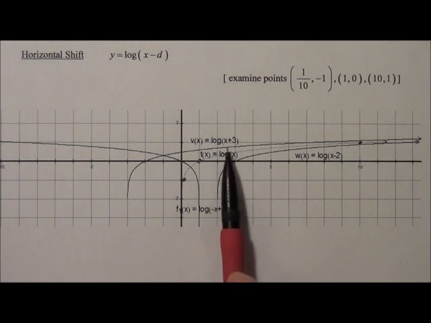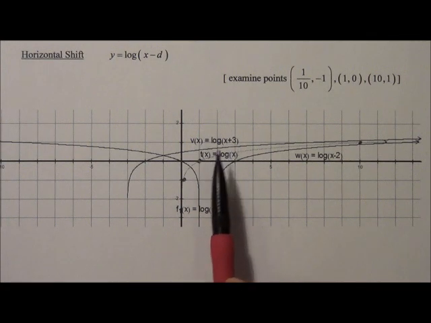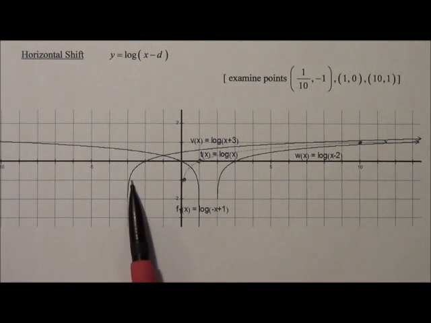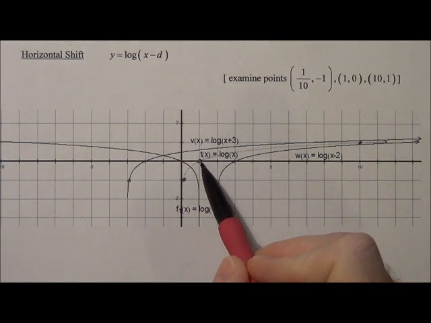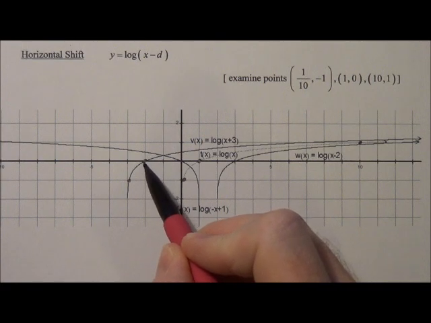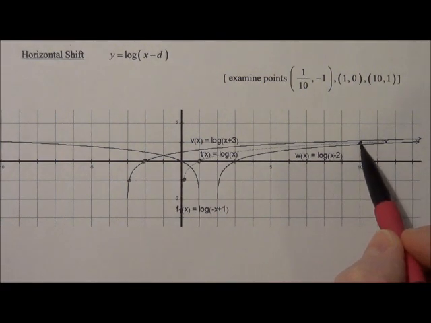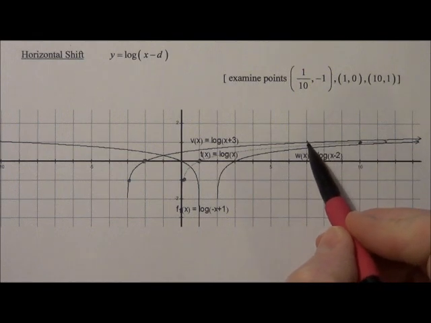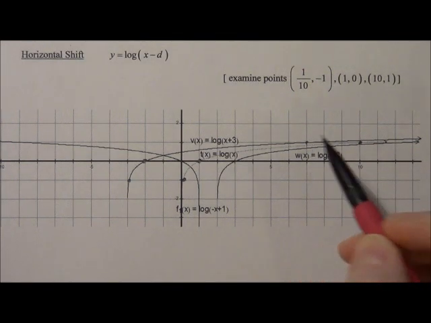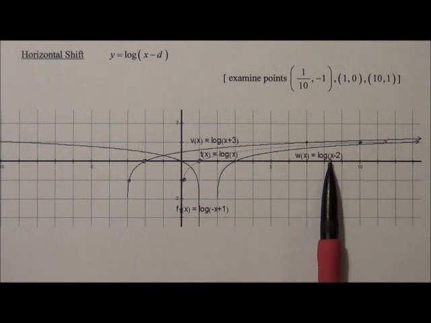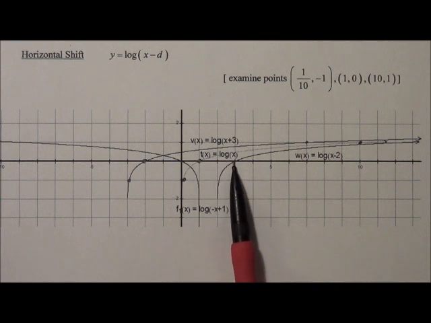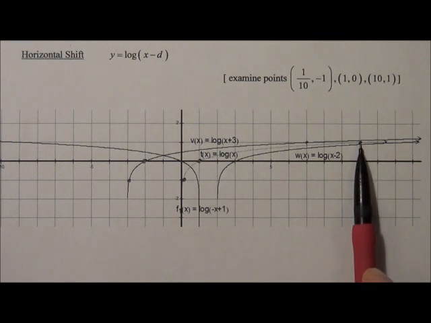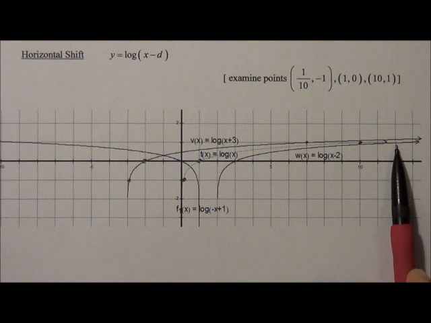So for this graph here, y equals log of x plus 3, notice that this point is moved to the left 3. This point of (1, 0) moves to the left 3. And this point of (10, 1) moves to the left 3. Then this graph, y equals log x minus 2, this point moves to the right 2. This point (1, 0) moves to the right 2. And this point (10, 1) moves to the right 2, to (12, 1).